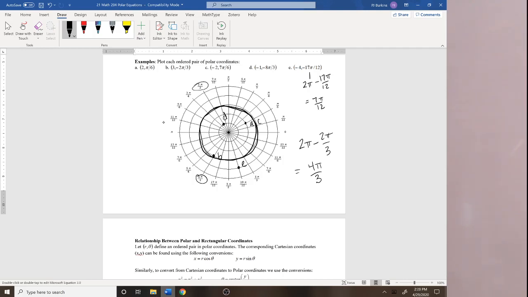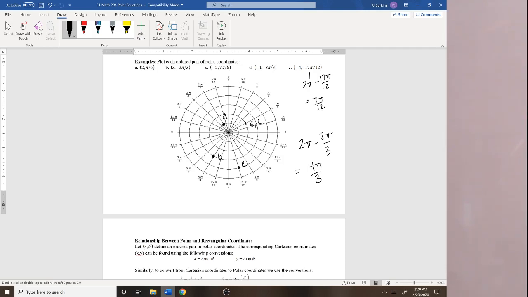So if it's an angle of 4 pi over 3, and that radius right there is B. Okay.